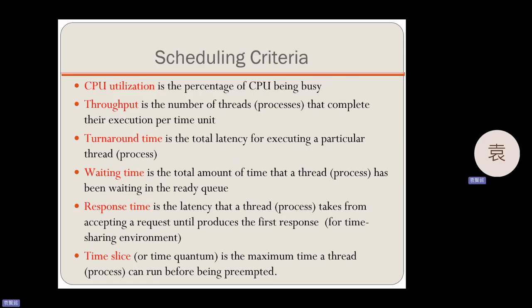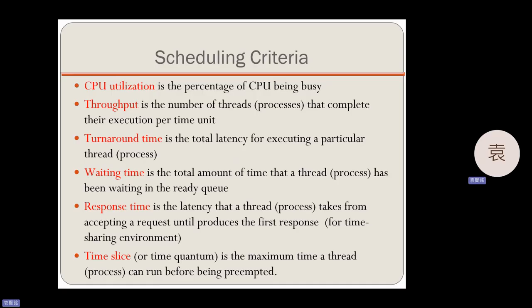CPU scheduling usually makes decisions based on the following criteria: utilization, and throughput, the number of jobs that can be completed in a time unit, and turnaround time, usually defined as the total latency for a particular process from start to terminate.